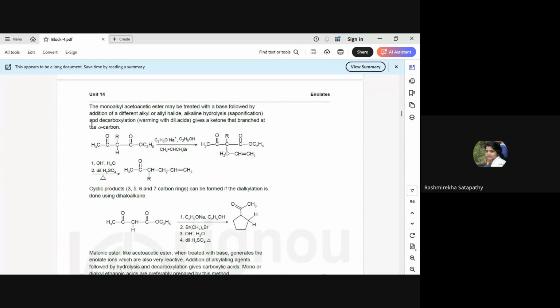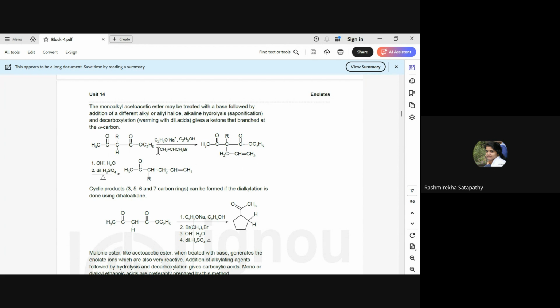You can see here the monoalkyl acetoacetic ester may be treated with base followed by addition of a different alkyl or allyl halide. Alkaline hydrolysis, saponification, and decarboxylation give a ketone that is branched at the alpha carbon. Sodium ethoxide takes the proton and the anion is generated here, and it attacks this CH2 compound.